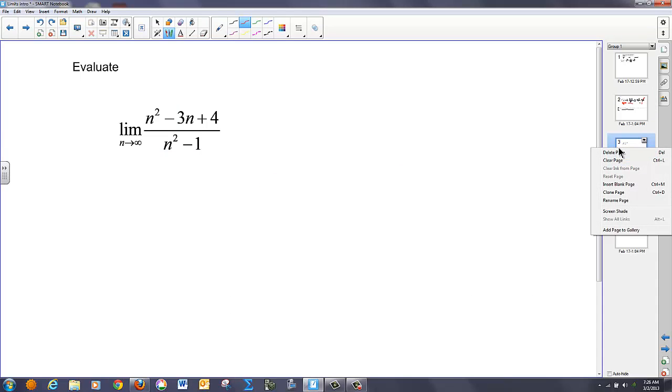In this case, polynomial on top, polynomial on bottom. The biggest degree in the denominator is n squared. We're going to take and divide n squared into each of our terms.